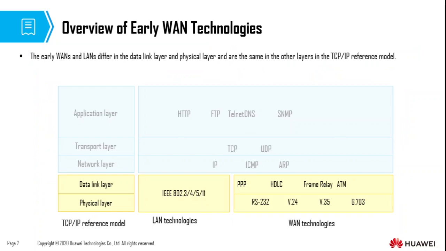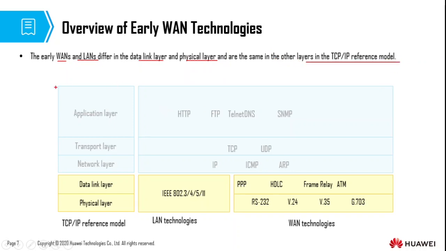Now, let's have an overview of wide area network technology. The early WANs and LANs differ in the data link layer and physical layer, and are the same in other layers in the TCP/IP reference model.